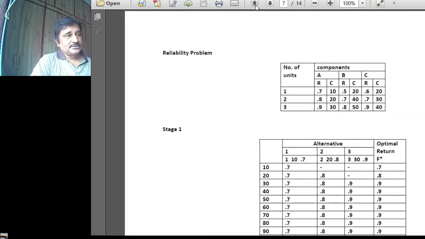So just look here. We'll be considering 1 unit of each of the components, right? 10, 20, and 20. So a minimum of 50 rupees will be required. So your states now will start from 50 rupees onward.